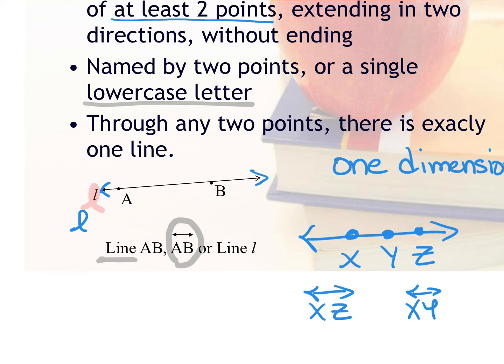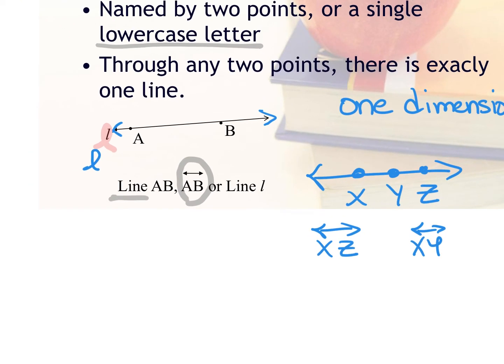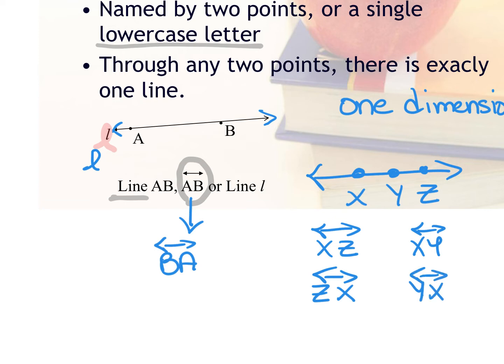Now, the order when you name a line doesn't matter. So this line AB here, I could have also called it BA. So the order of the letters doesn't matter when you're naming a line. Same thing here, I could have called it ZX or YX, any combination of the 2 points that are on that line.